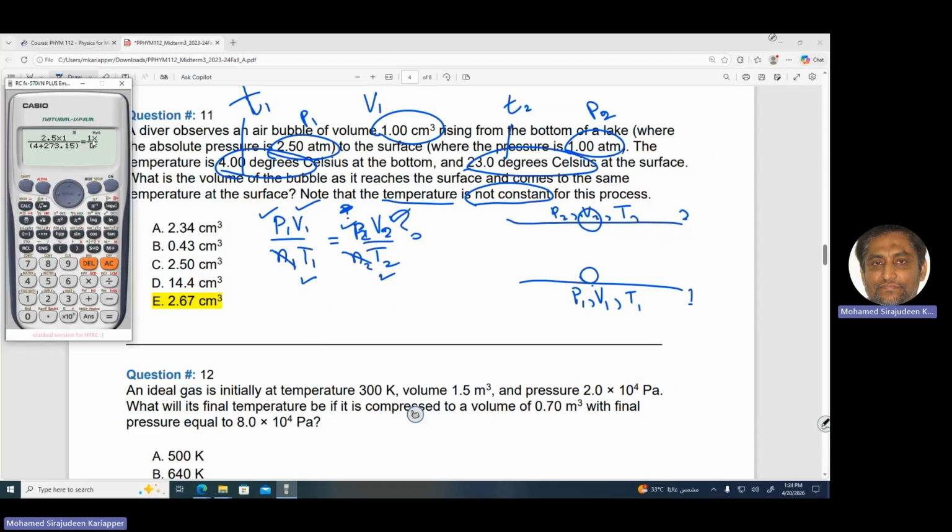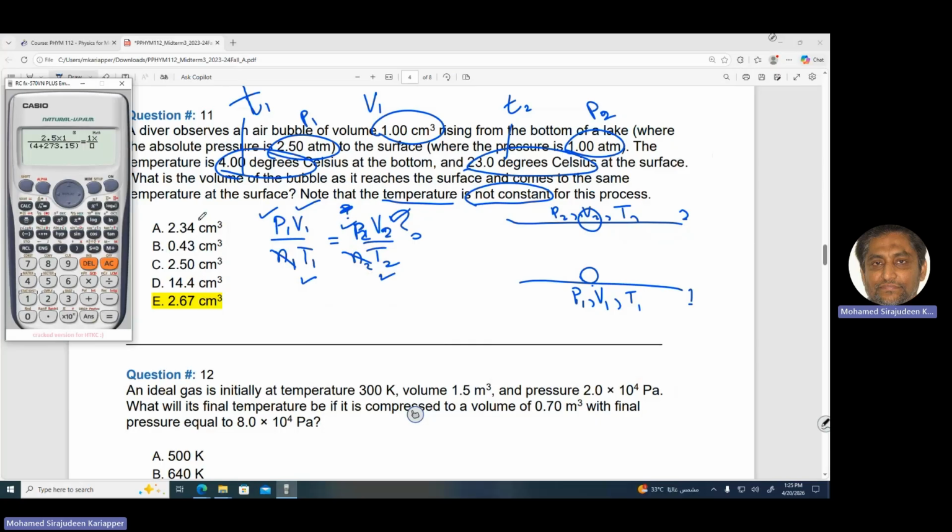Okay, but you cannot do this for temperature in Kelvin. You have no choice there. Except for temperature, you can do this trick. It will save you time. Now, volume is the unknown. I put the initial volume in centimeter cube, 1 centimeter cube, and I didn't bother to convert it to meter cube.